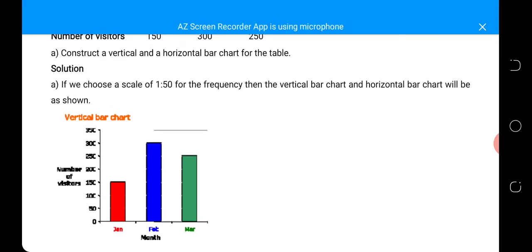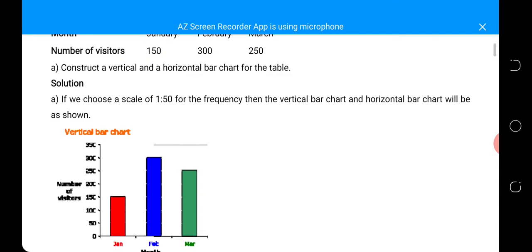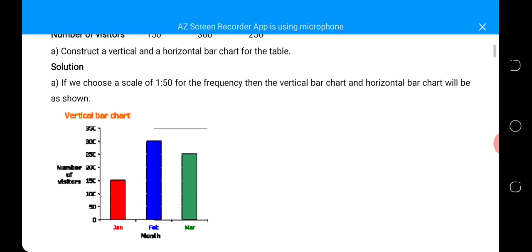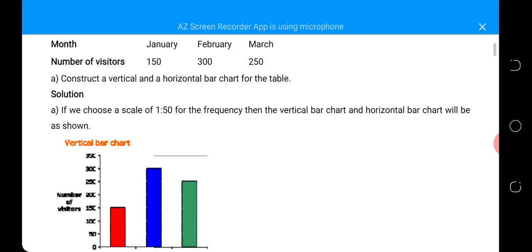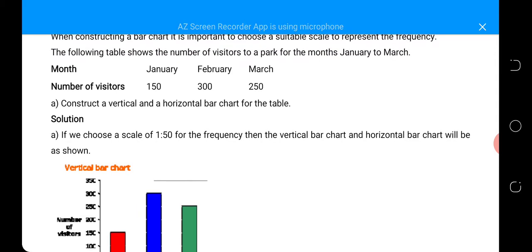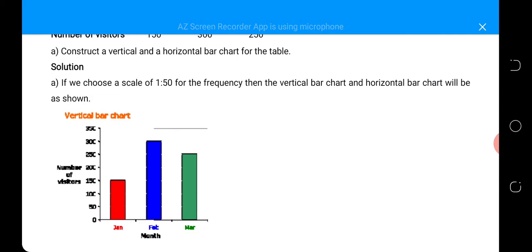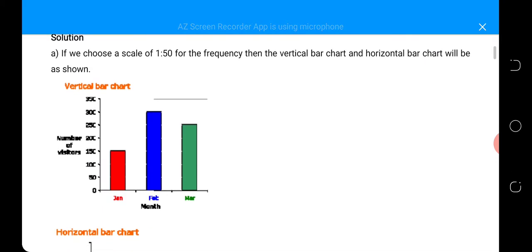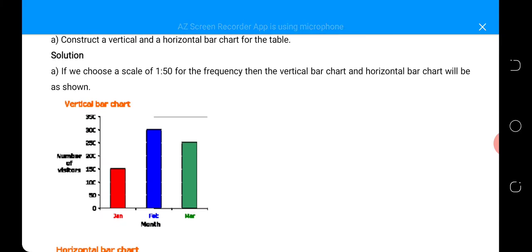While for the month of February, when I have 300 visitors, the length of the bar will be 6 centimeters. And in March, when we have 250 visitors, the length of the bar will be 5 centimeters, in accordance with the scale given, 1 centimeter to represent 50 visitors.